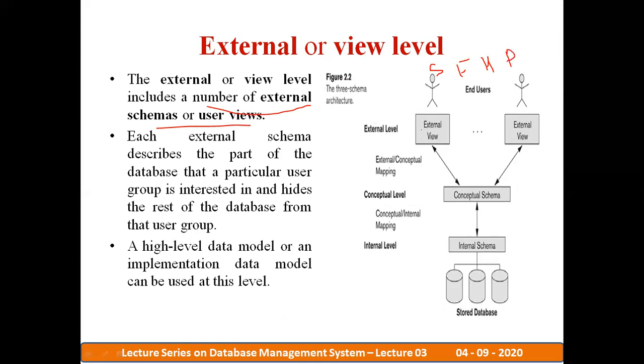These are the different perspectives or views that will be supported by the external level. Each external schema describes the part of the database that a particular user or group is interested in and hides the rest of the database from that user group.